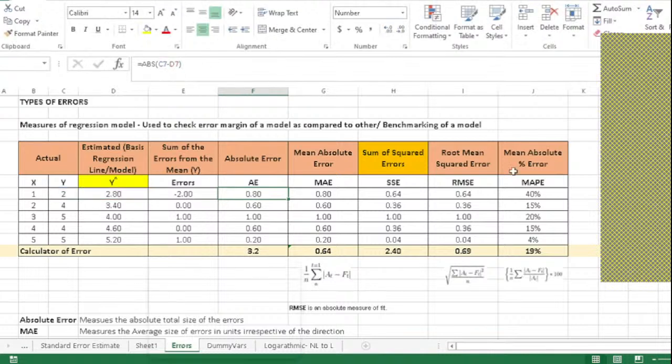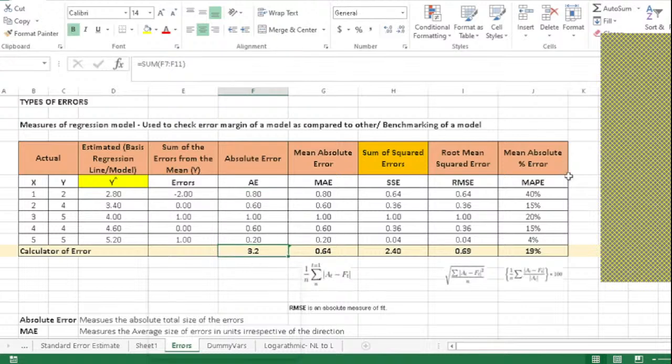It is only measuring the extent of the error, not the direction of the error. That difference could be on one side or the other side, and it is not measuring that. It is just giving you the absolute value of the error. Clear? And once I take a total, I get that number, total absolute error.